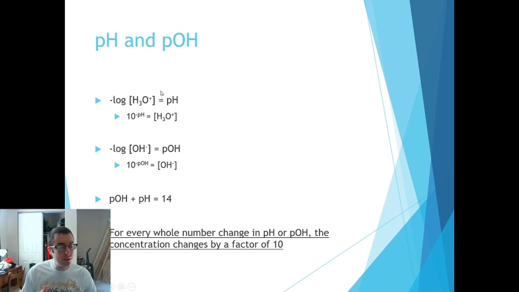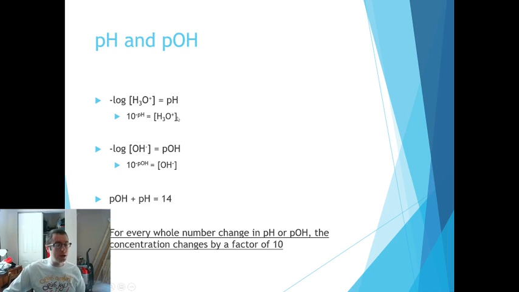If you need to go backwards, you could do 10 to the minus pH, and it is important that there's a negative sign in that exponent. So if the pH was 5, you would do 10 to the minus 5th, and that would get you your H3O+ or your H+ concentration.